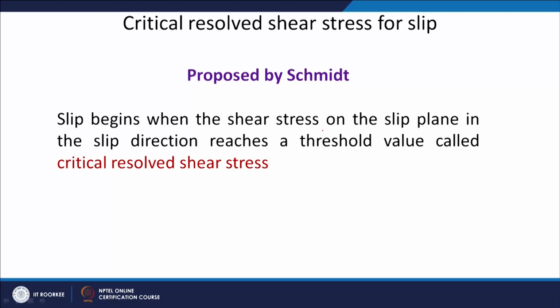To resolve this problem, Schmid, a scientist, proposed that slip begins when the shear stress on the slip plane in the slip direction reaches a threshold value called the critical resolved shear stress. So, he said that when the resolved stress in that particular plane and in that particular direction reaches a critical value, then the slip process will take place in that plane and direction.